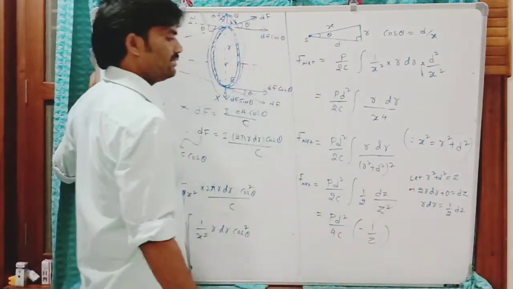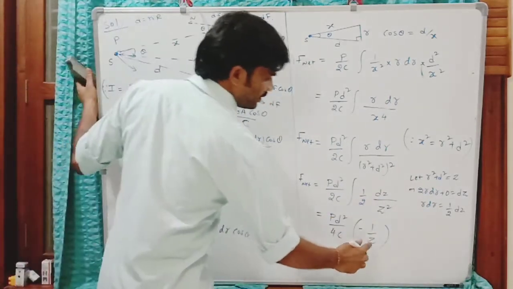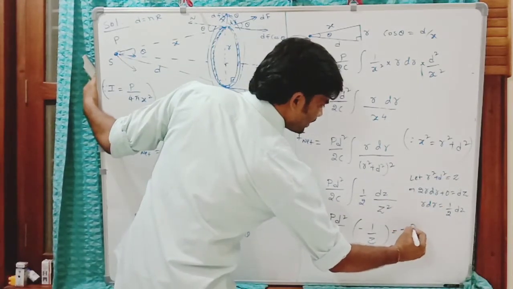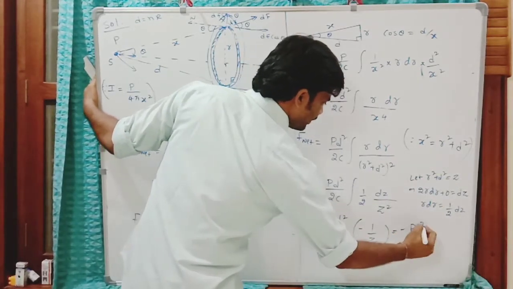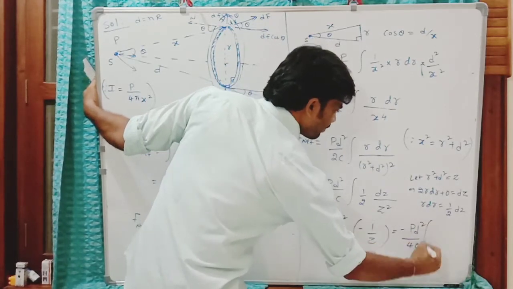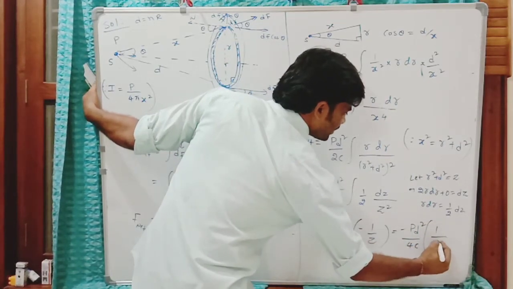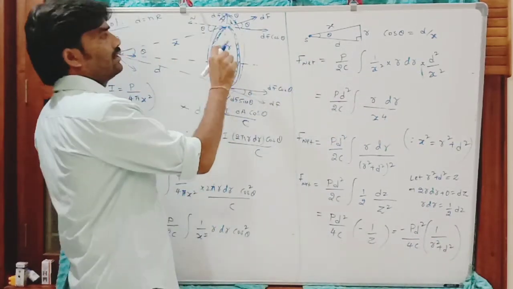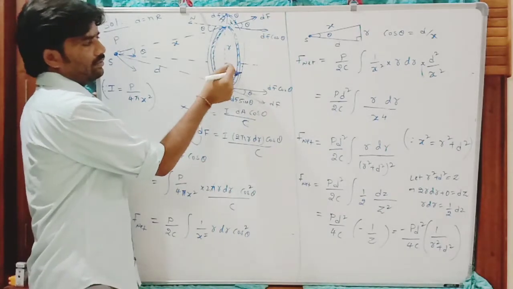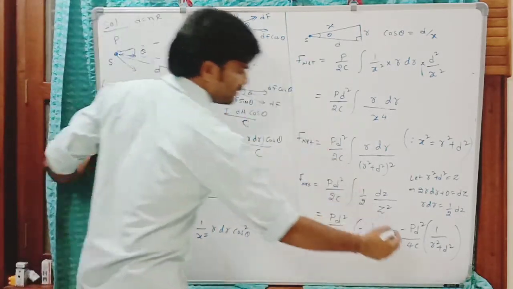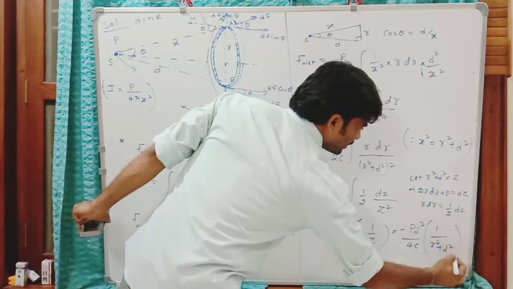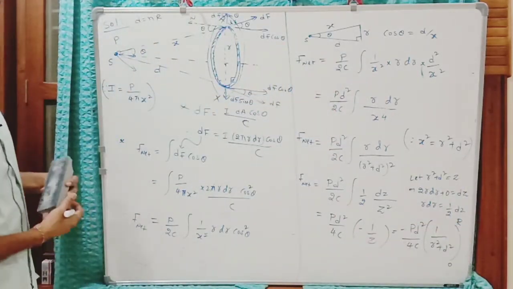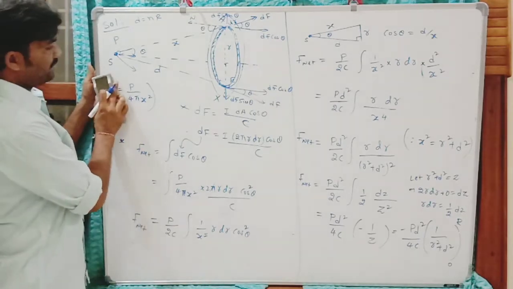Again substitute z here, write minus outside the bracket: minus P d square by 4c of 1 by r square plus d square. What are the limits for r? These rings start with radius 0 to capital R. Limits for the radius of the ring are 0 to capital R. Now apply the limits.